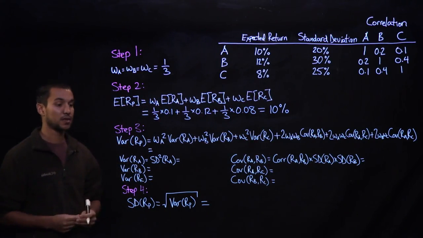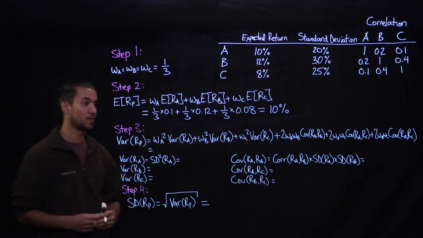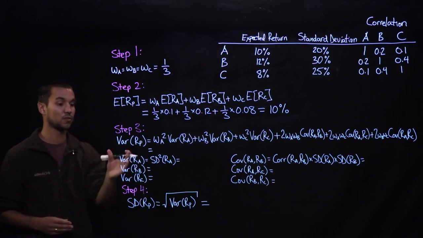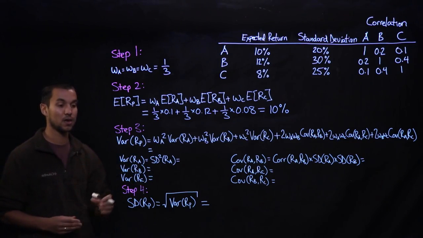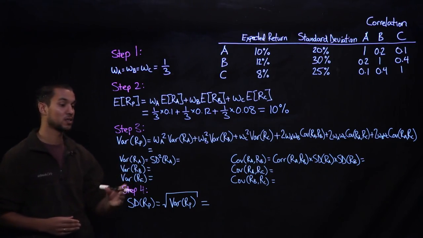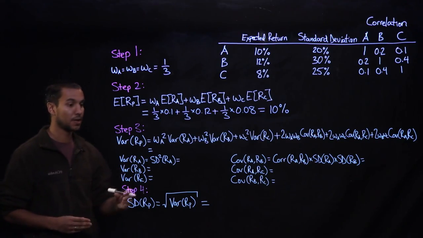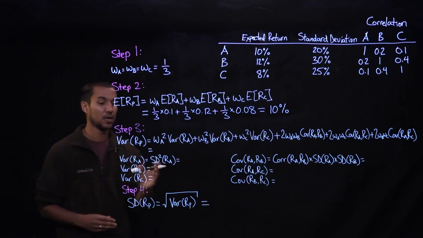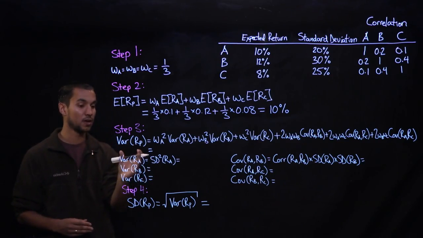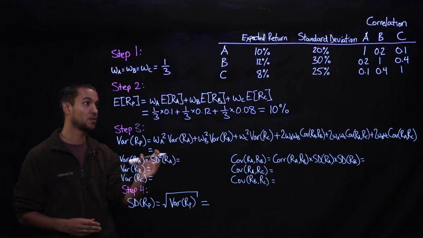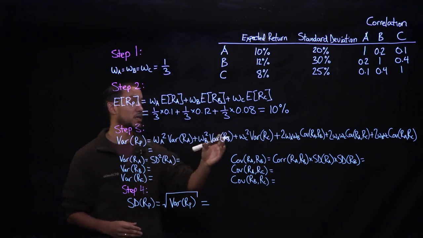So let's start by calculating the variance of each one of our stocks. Recall that the variance of a stock is going to be equal to the standard deviation squared. So in this case, the variance of stock A is going to be equal to the standard deviation of stock A squared.